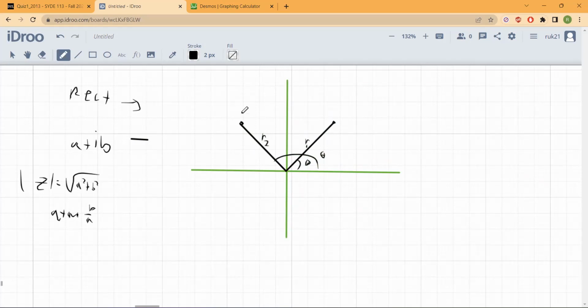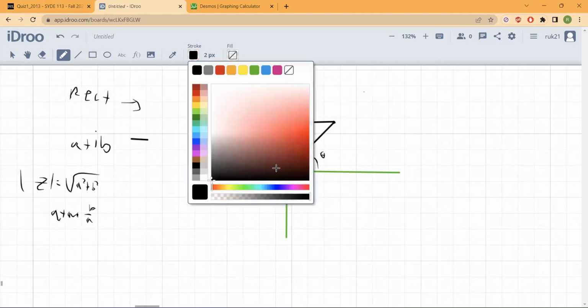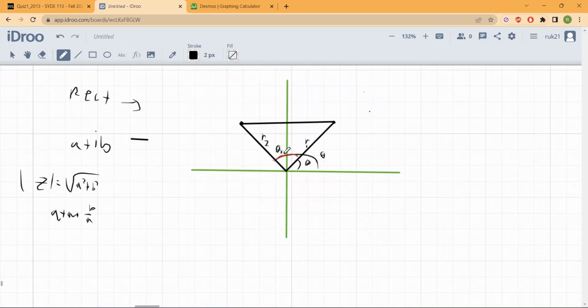Now, the way you calculate distance is like this. You can imagine a triangle where we build our third line right over here, and then you can calculate this inside angle, let's change to red quickly, by doing theta 2 minus theta 1. And then what we get in the end is a triangle with sides R2, R1, and angle theta.